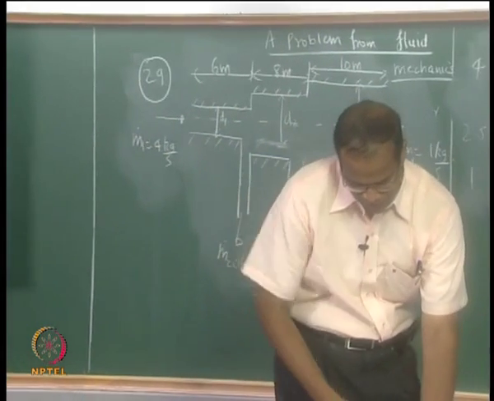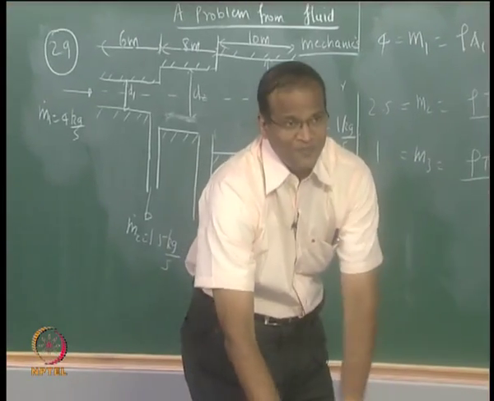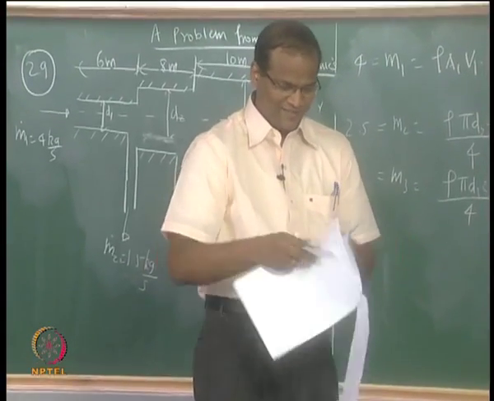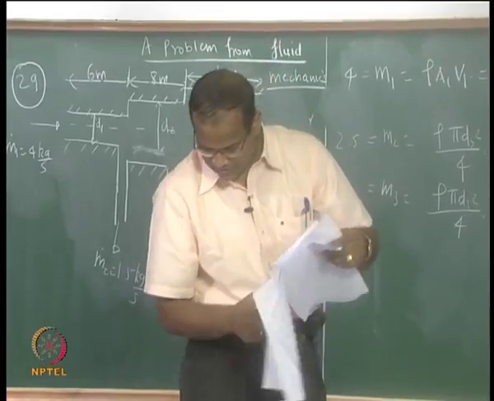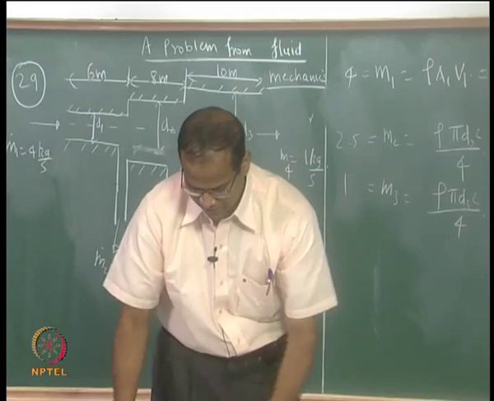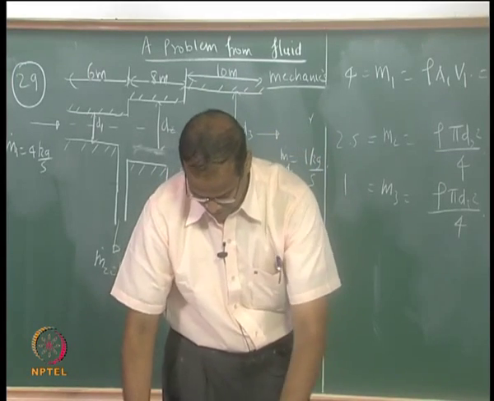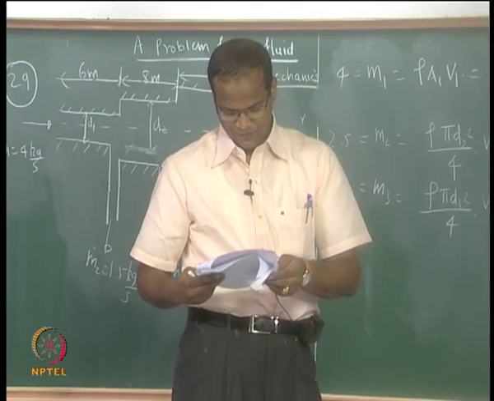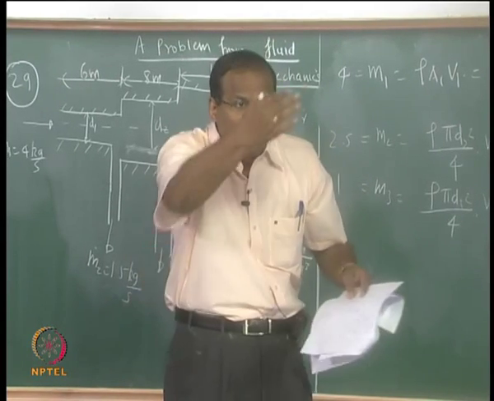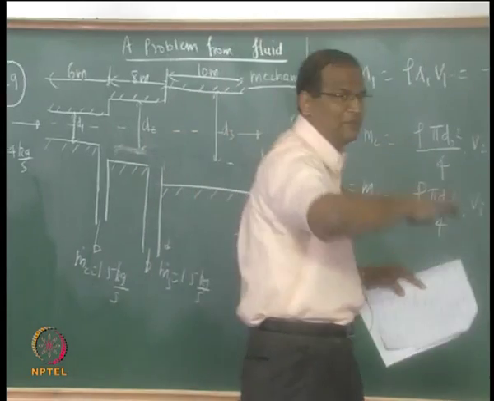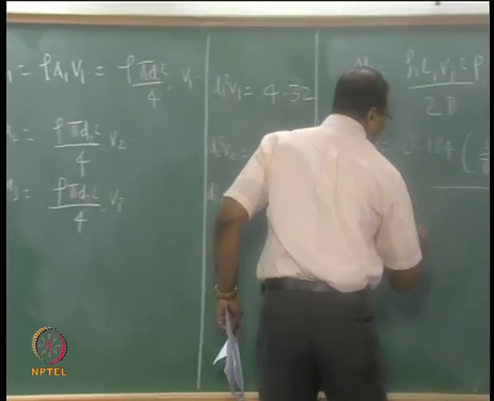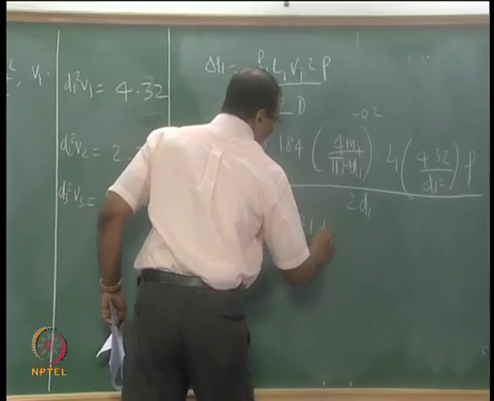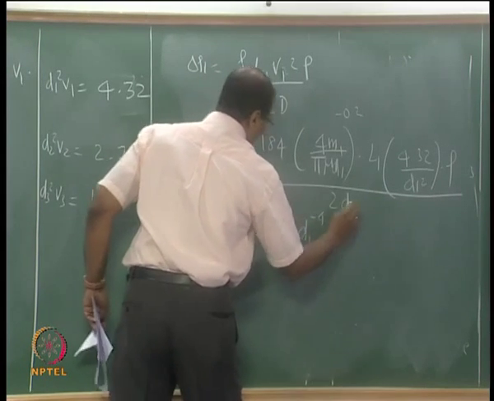I have the solution, but I don't know whether it is correct, so let us see. 0.971, okay, does not matter. So 0.971 d to the minus 4.8, good.